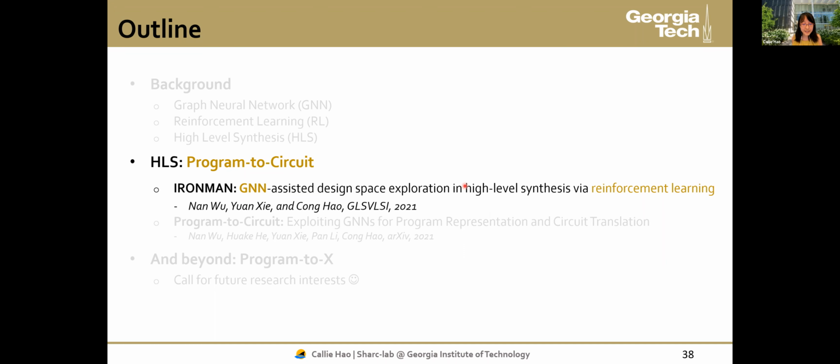Okay, the question is: the code transformation is for C, not Verilog. If it's for C, the optimization can be performed at the IR level, not the code. Yes, the code transformation is for C, not Verilog. And that is also true, that this sort of optimization can be performed at the IR level. And I think this is a very good point. Actually, we are considering that maybe we don't manipulate the source code, and we extract the data flow graph and we can just change the graph, right?